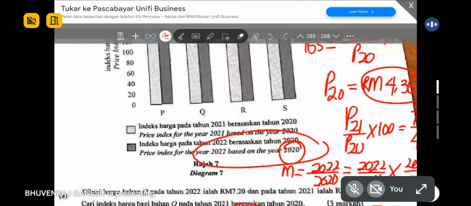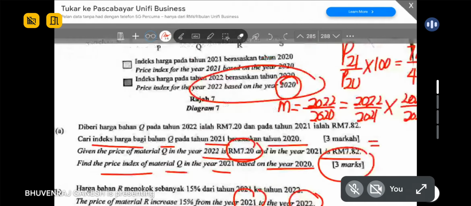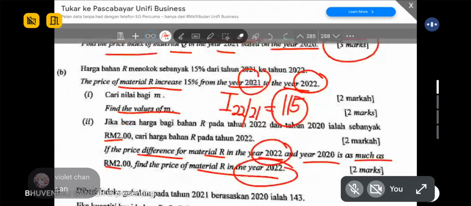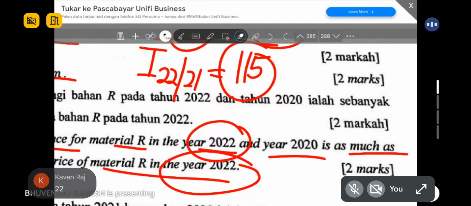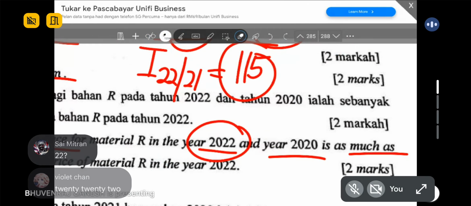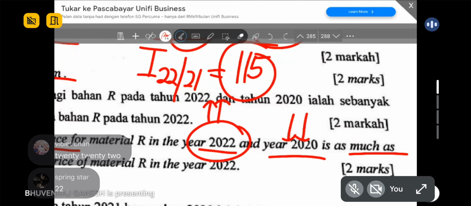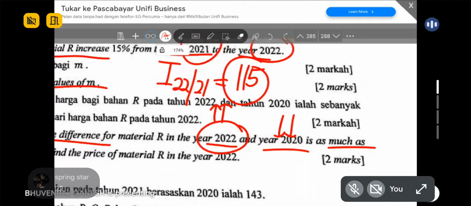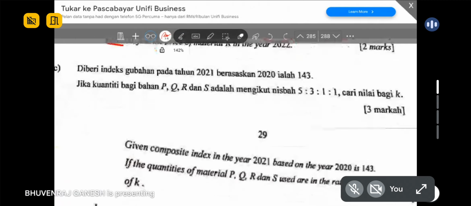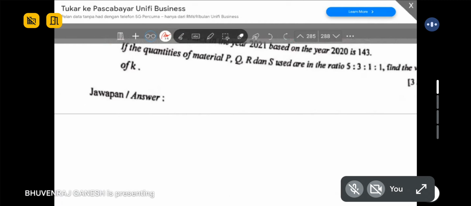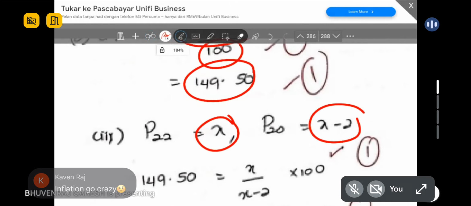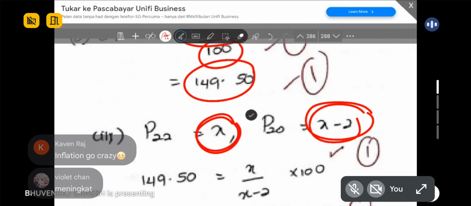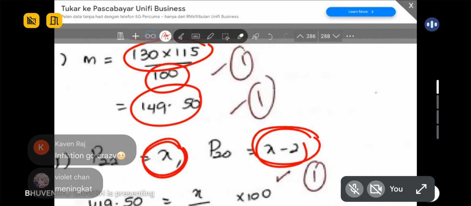Common sense guys. 2022 and 2020, which price should be higher? You guys think? Between these 2 years, 2 tahun ni, mana akan lebih tinggi? Yeah, of course 2022 lah guys. This one is higher, this one is lower. That's why the index is above 100. Kalau index dia lebih 100 means harga dia meningkat, is increasing. So P2022 is lambda, and P20 must be lambda minus 2.